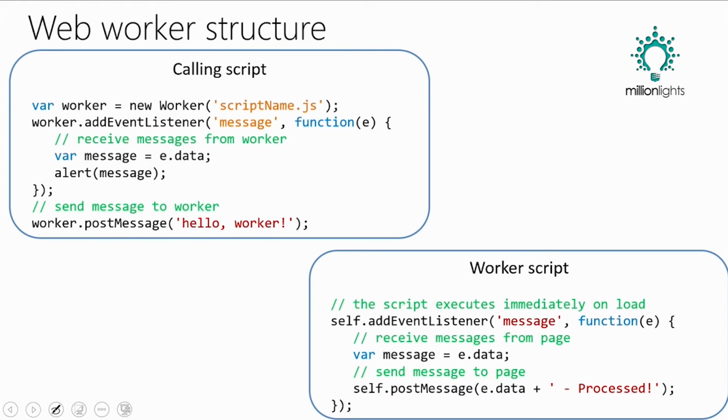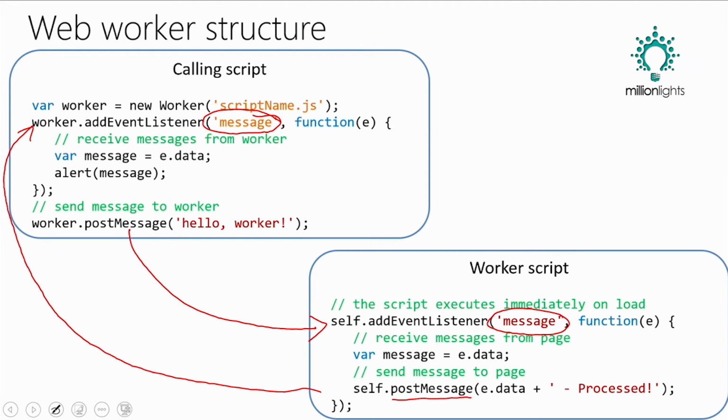The answer is the message event, which you can see right here. So the message event tells me that we got a message in. So when we call postMessage, it's going to go here. And when we call postMessage the other way, it's going to come back over to there and then execute the code from there.